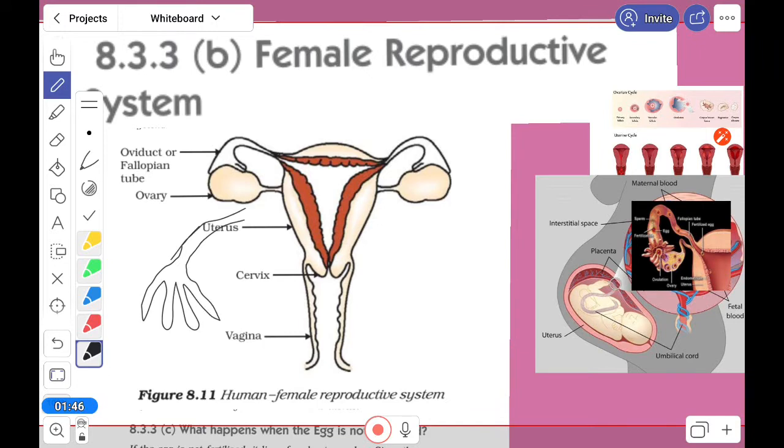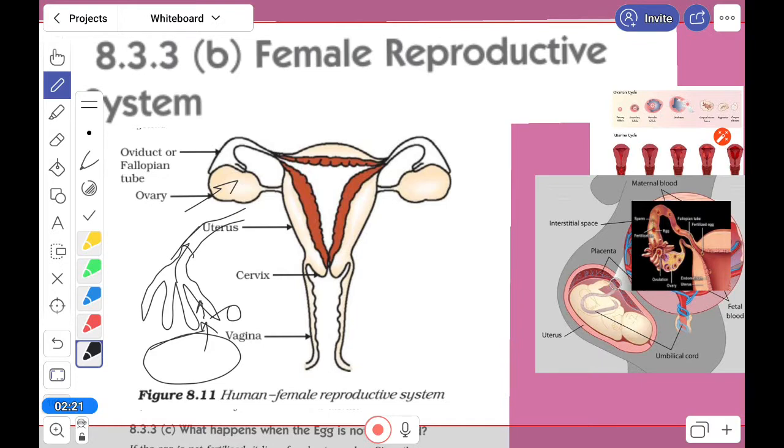One thing you have to notice is that the ovary is not physically attached to the system. Previously we saw that from the testis, one duct, the vas deferens, makes a direct connection, but here it does not. The ovary is detached. When ovulation takes place, when the ovum is produced, the ovum is taken by this finger-like structure and taken inside the fallopian tube.